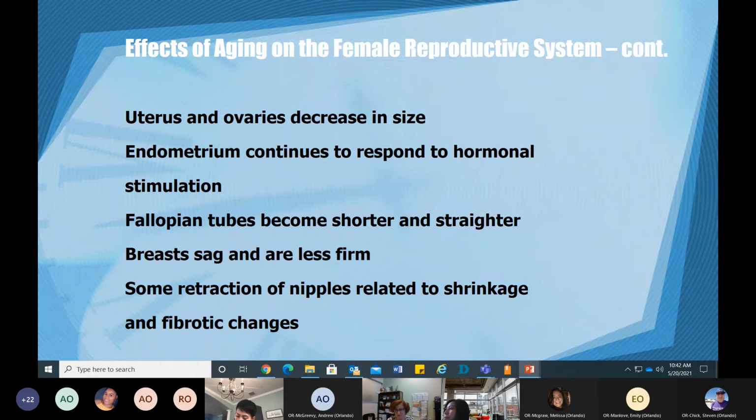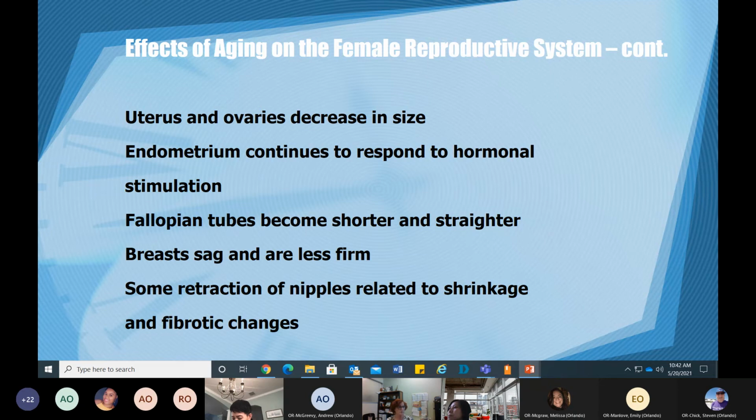It's a little bit more painful, and so maybe they have less interest in sex. Breast tissue becomes less firm. There's more sagging going on, and sometimes even the nipples retract as a patient gets older.